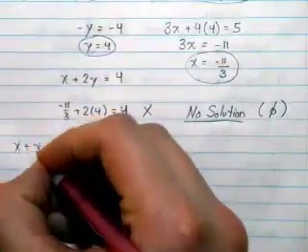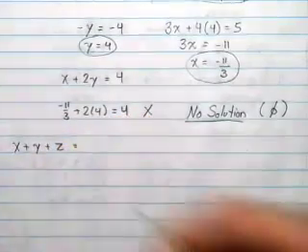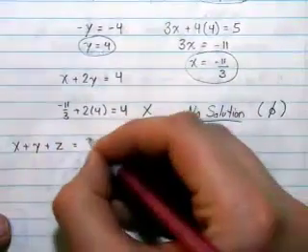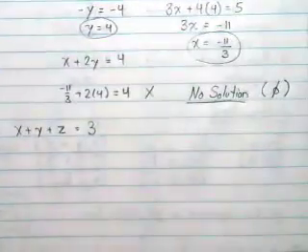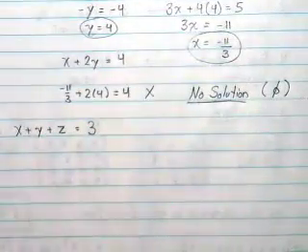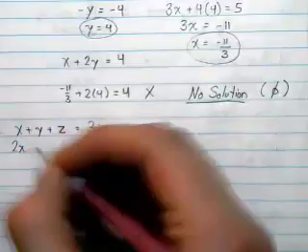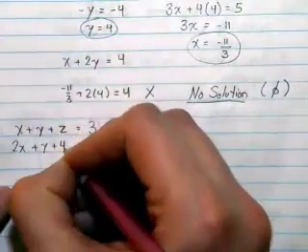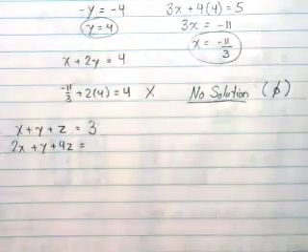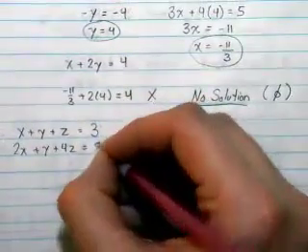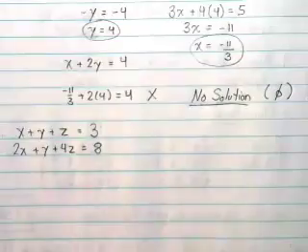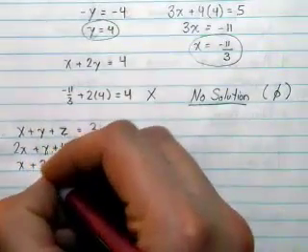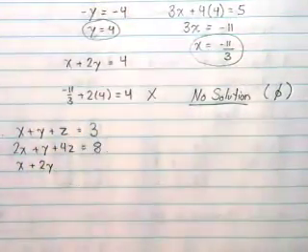You'll thank me in the long run, but a much more difficult to deal with one. y plus z equals 3. 2x plus y plus 4z equals 8. And then x plus 2y minus z equals 1.